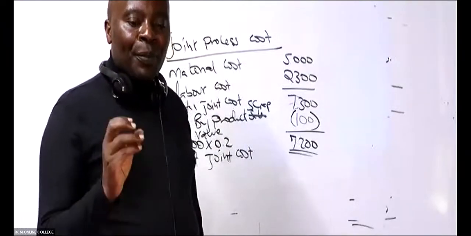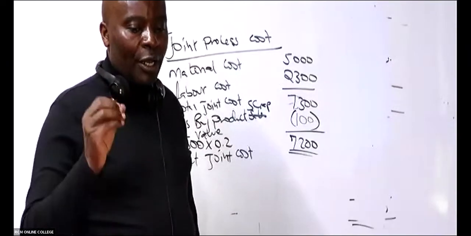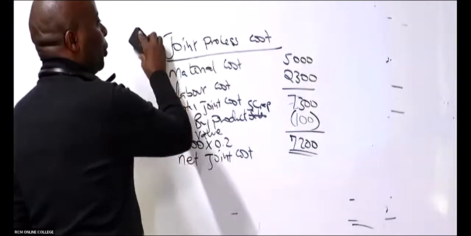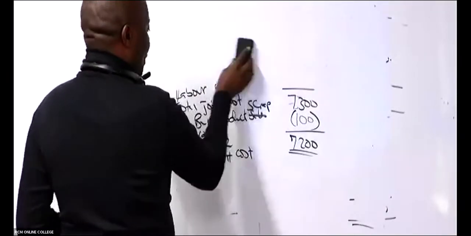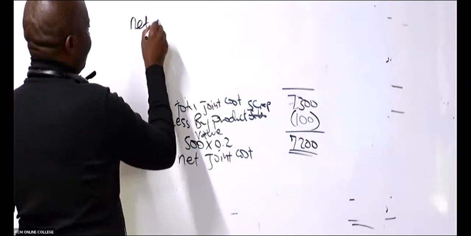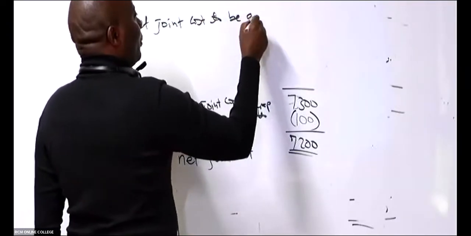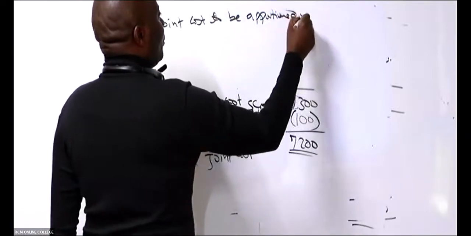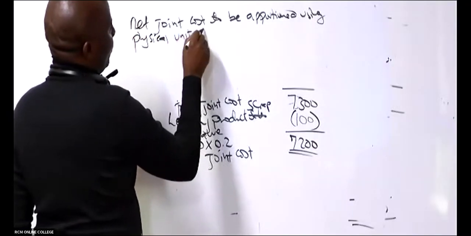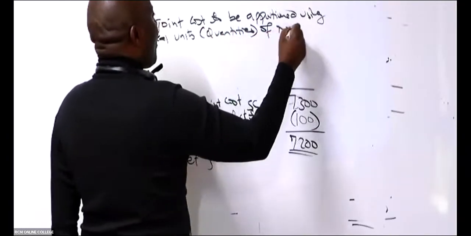Remember here, the examiner wants us to use physical units to apportion this, so the net joint cost is apportioned using the number of units produced, of the main products only.